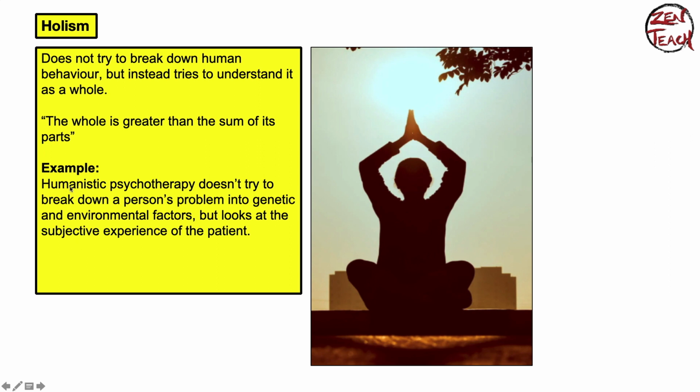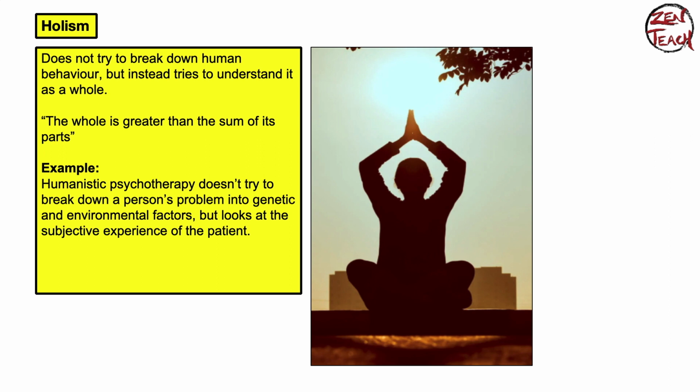An example from humanistic psychotherapy would be if you want to really understand a person's problem, you have to see the problem from that person's point of view. So it's a very subjective thing, right? And so the person's point of view is the totality of all the factors that influence that person: genetic and environmental factors, who that person is genetically, what factors have caused them to have an issue, for example.